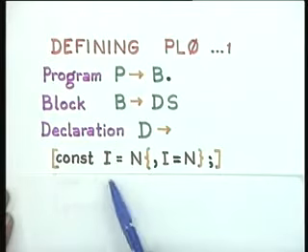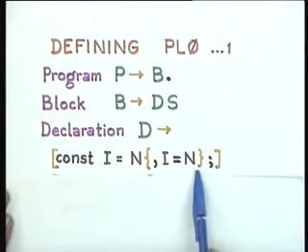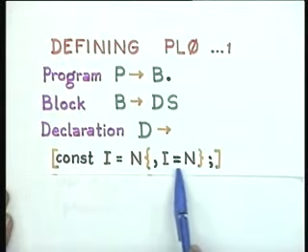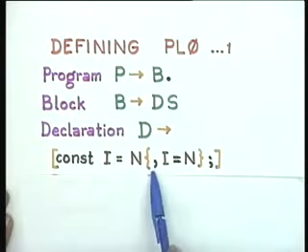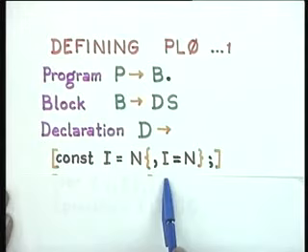This combination specifies one or more occurrences of the clause I equals N, and also specifies how they should be separated: by a comma.